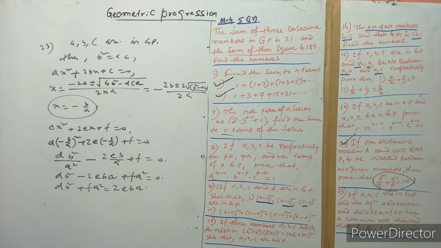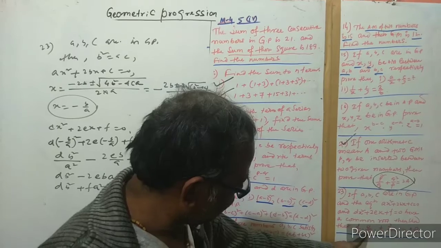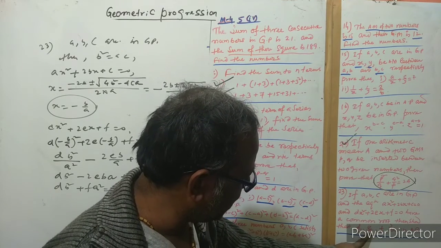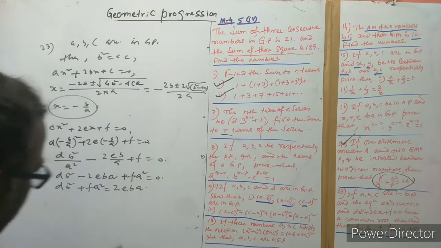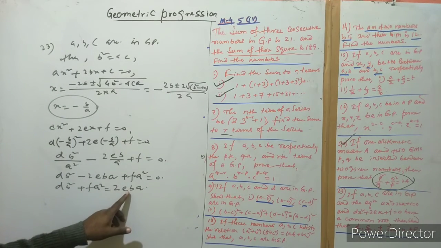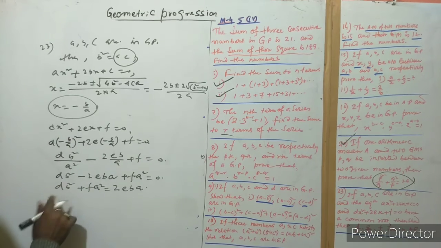Actually this is an AP, so we want to get 2e by b as equal to this plus this. Now b square equal to ac, put here b square equal to ac.